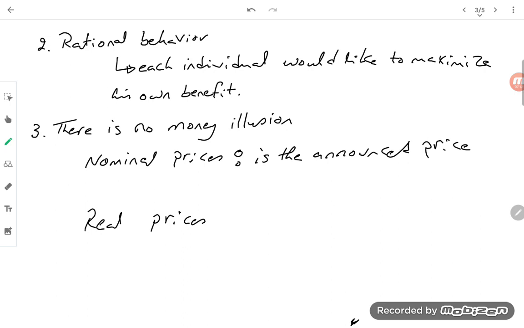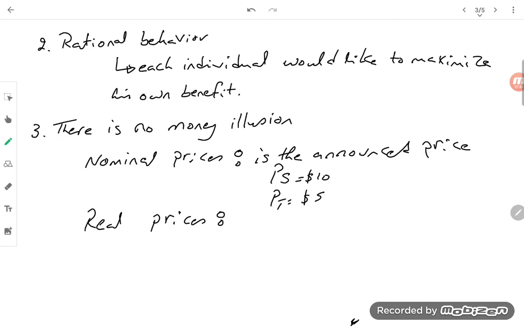Say for example, price per unit of soybeans equals $10. This is the announced price. Price per unit of textile equals $5. This is also the announced price. So the nominal price of soybeans is 10 and the nominal price of textile is 5. What about the real price?